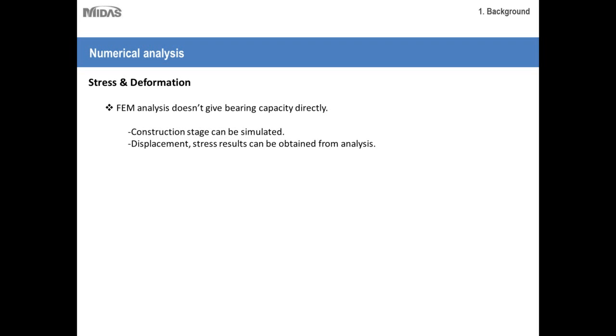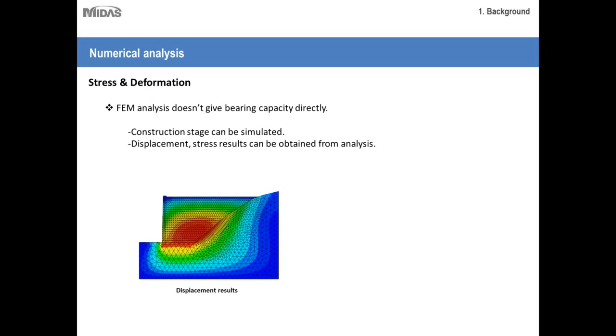What it does is it helps you to simulate construction stage analysis. It gives you displacement and stress results. Here you can see the displacement results of a segmentally constructed retaining wall with reinforcements, and you can see the red zone is right here instead of being somewhere here where you would expect maximum deformation otherwise.